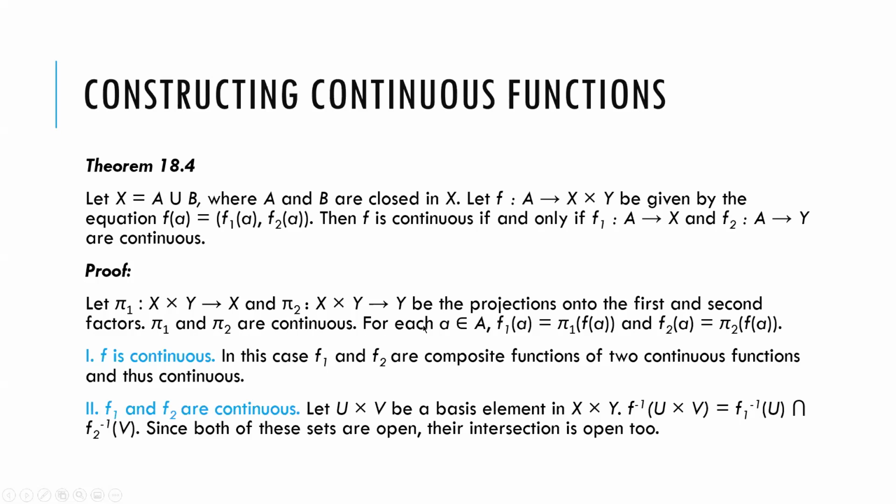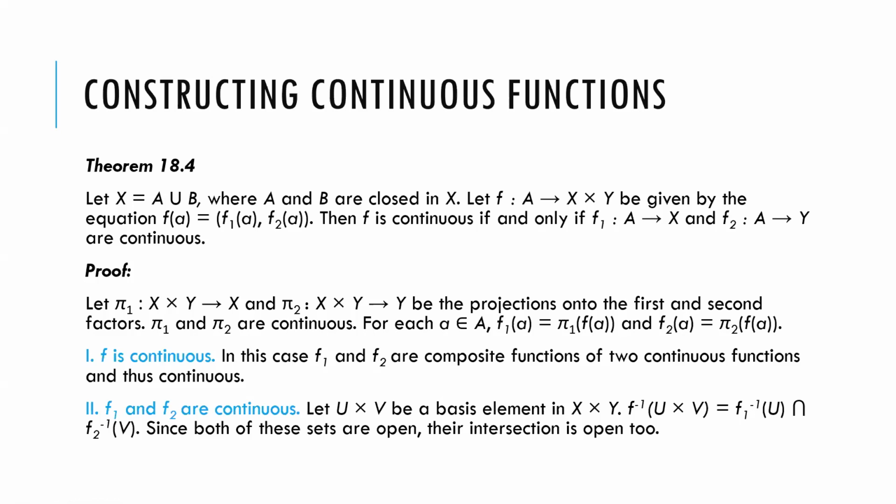And we know that for each little a belonging to A, f1 of a equals pi1 of f of a, and f2 of a equals pi2 of f of a. So let us first start from the fact that f is continuous. In this case, f1 and f2 are composite functions of two continuous functions, and thus they are continuous.